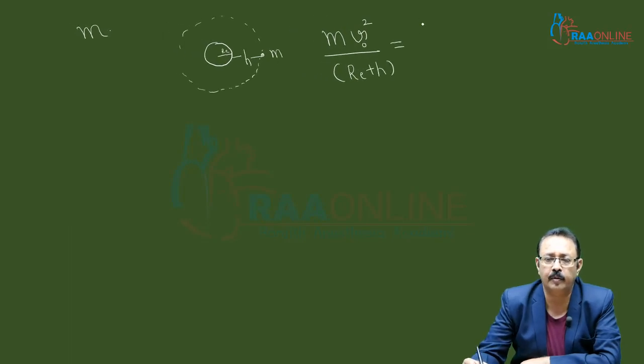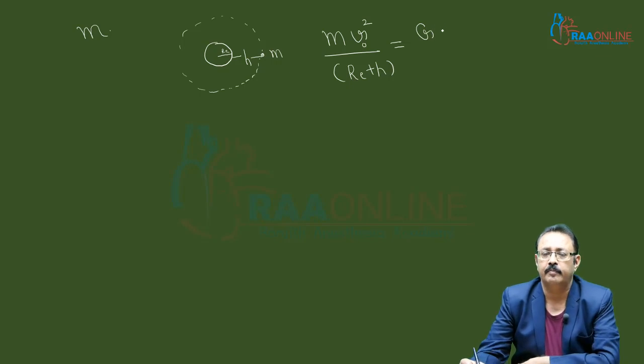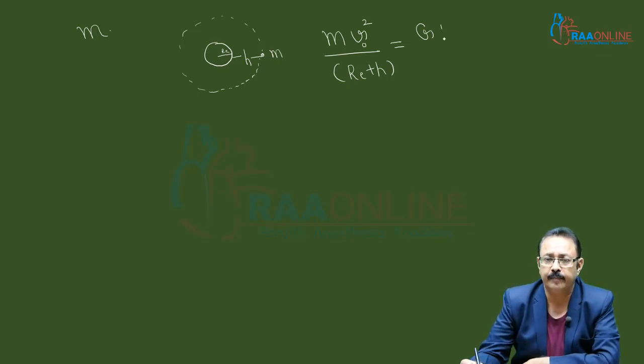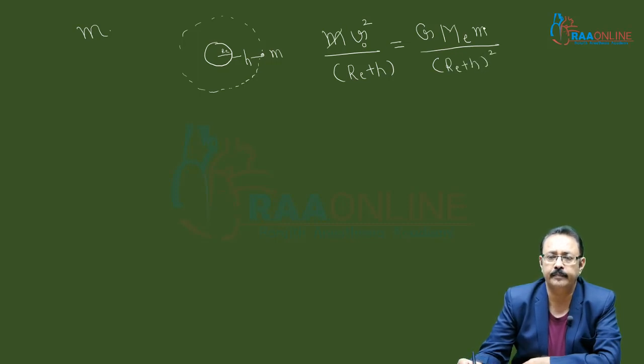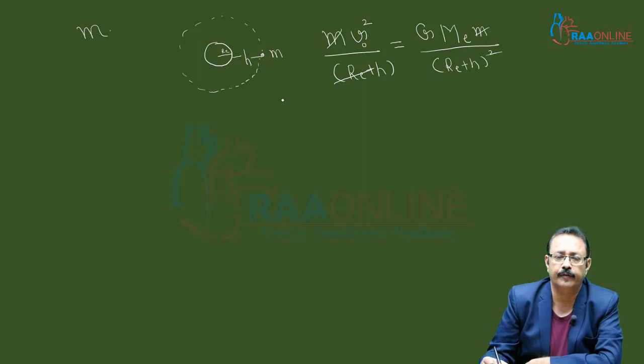It will get it from gravitational attraction, GMm upon RE plus h whole square. Cancel m with m, which means the orbital speed of the satellite is independent of the mass of the satellite.